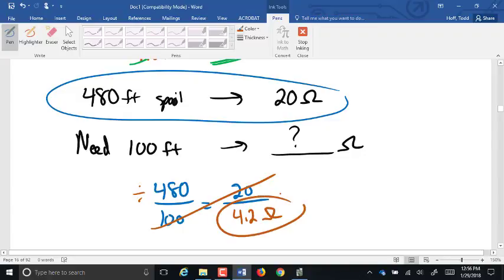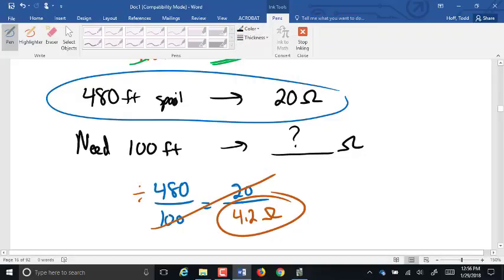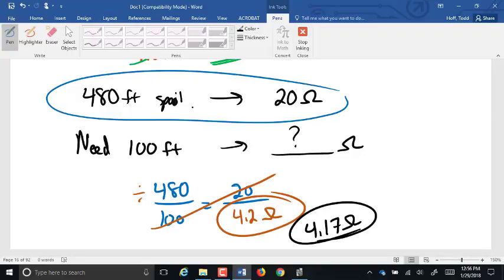Sounds about right to me. You're going to have 4.2 ohms. Make sense? 4 1/6. That works too. If we did 4.17, I'd be okay with that, or 4.167. I didn't specify round offs.